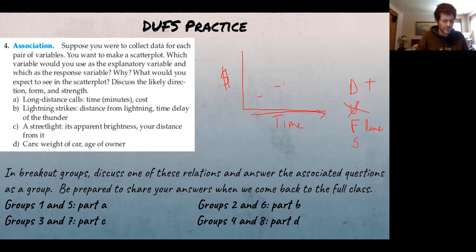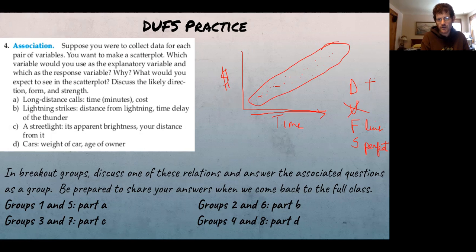There you go. If we know we're going to be charged a certain amount per minute, that's not only strong, that's actually a perfect relationship because it's algebraically defined. But let's say that we're looking at all long distance calls, it's probably still going to be a pretty strong correlation. So it might be something like this. But if we're only dealing with one company, and I hope you're following along, this might be a lot of different companies combined, and they have different rates.